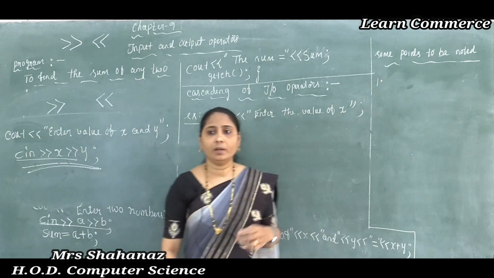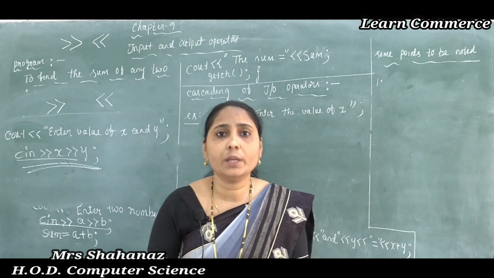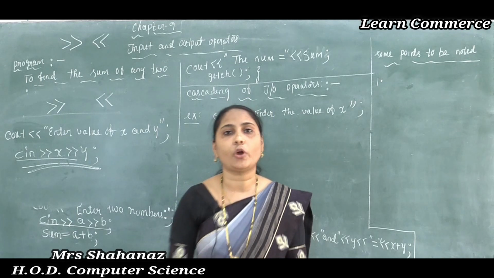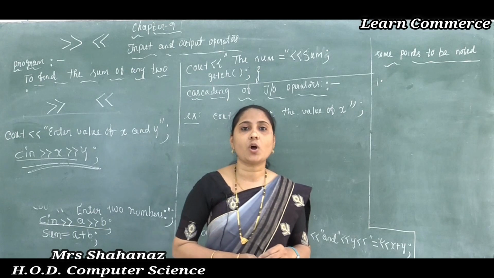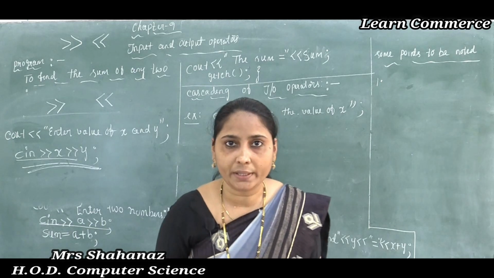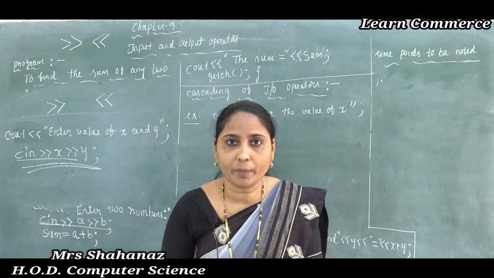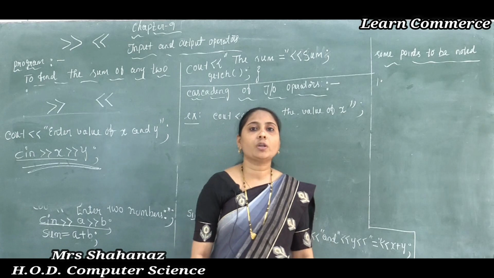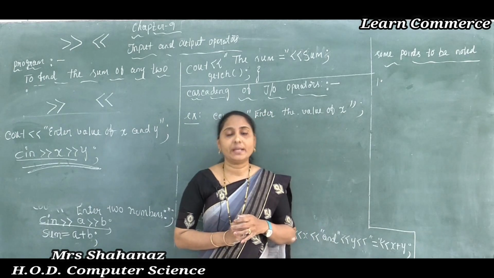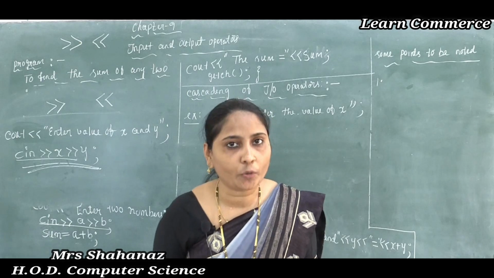The first point, so in this point we can say the meaning of the cascading of input output operators. So here we can say the multiple uses of input and output operator in a single cin statement, in a single cout statement. Maybe cin means using stream extraction operator, or cout means using stream insertion operator, is called the cascading of input output operator.